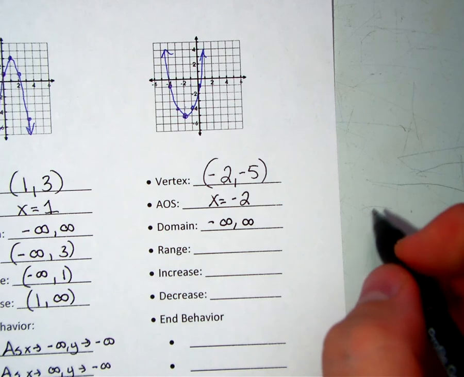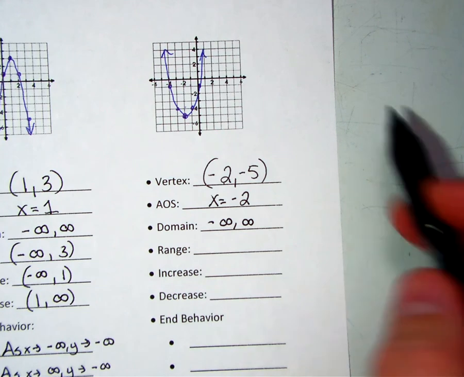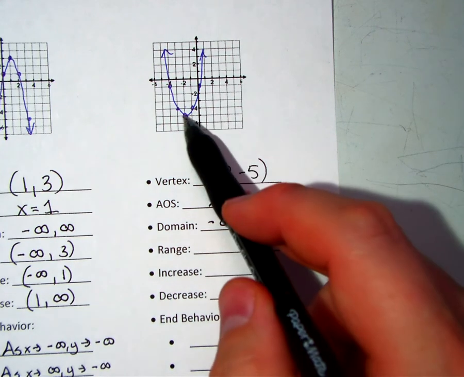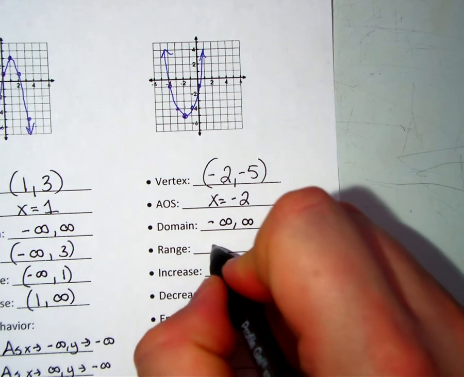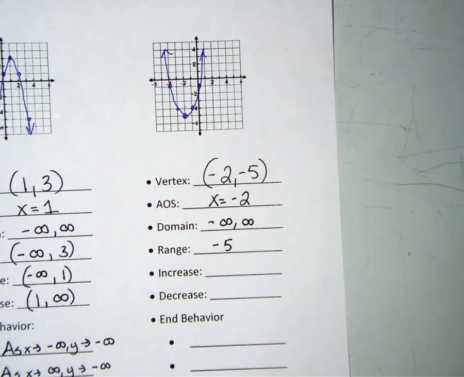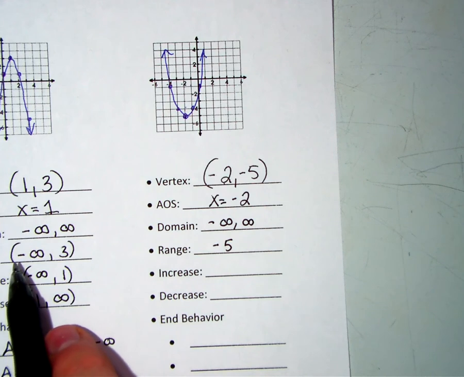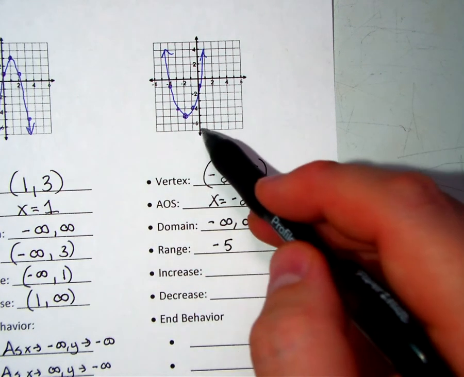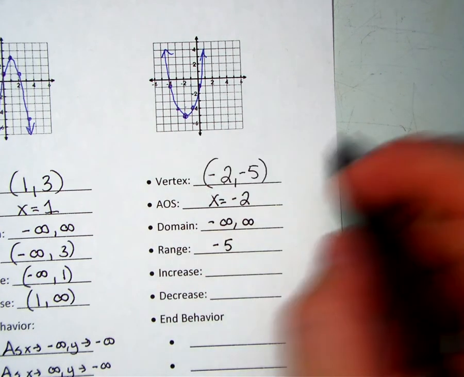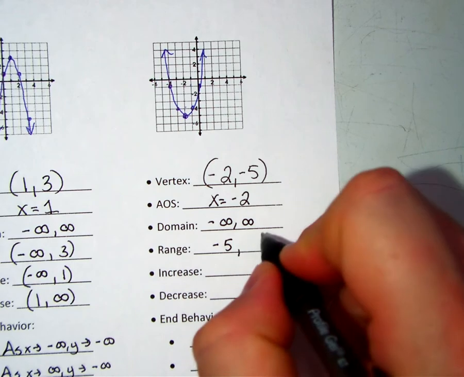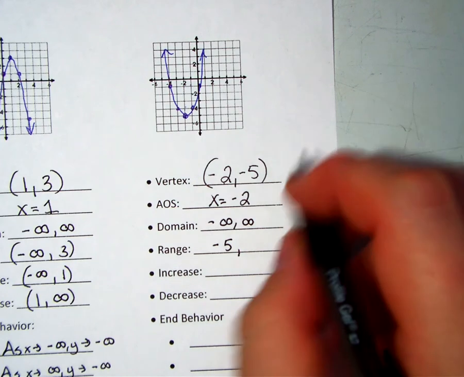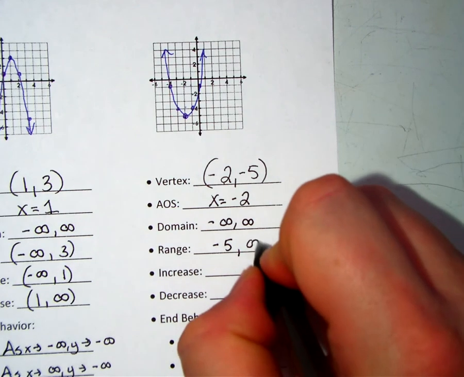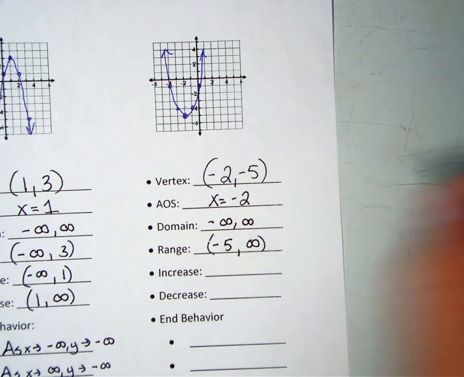The range for this quadratic, well, where is its lowest value? Its lowest value is actually at negative 5. So notice a little bit different from our previous question where we always started at negative infinity. That's because this particular problem doesn't go any lower than negative 5. But it does, however, continue to go up forever. So from negative 5 to infinity.